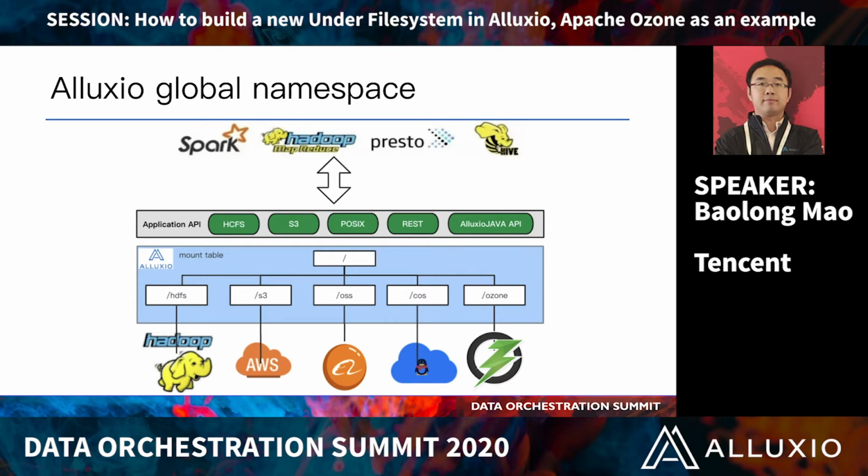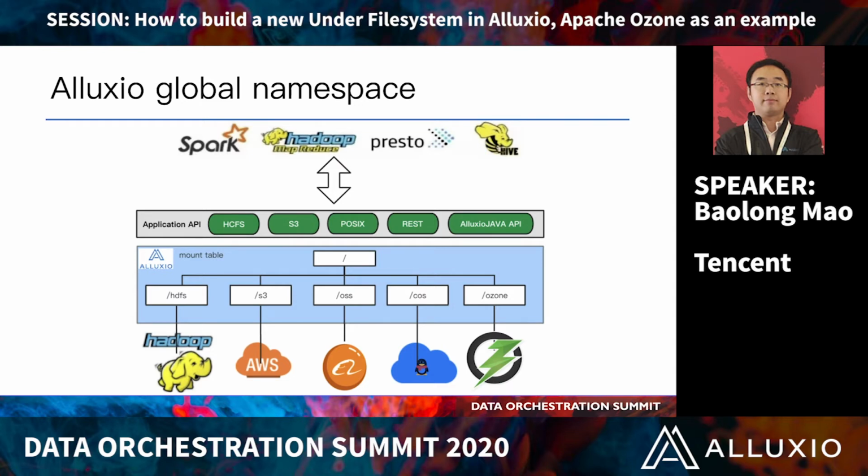We can mount lots of under storage into Alluxio. The end user isn't aware of where the access operation is mapped to, or which storage system is being accessed. Even if we remount a mount point from one storage to another storage, the client and end user need to do nothing.